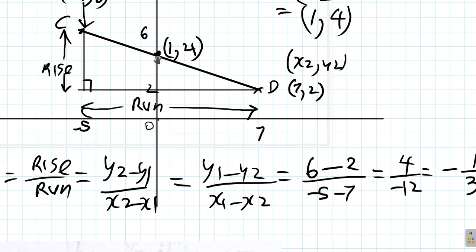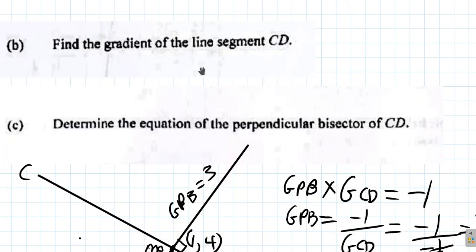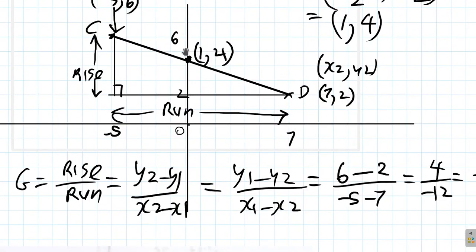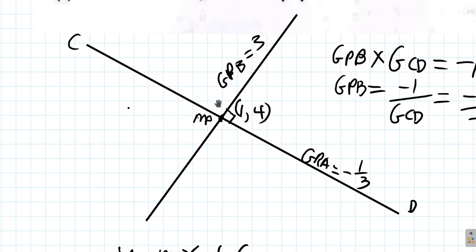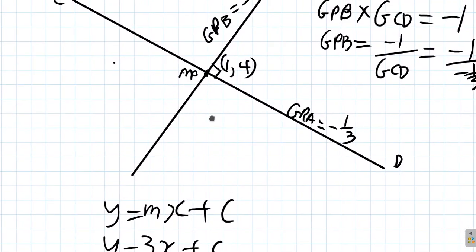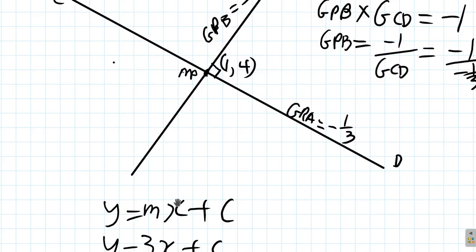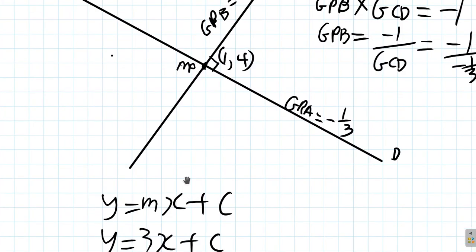Well, it so happens that the perpendicular bisector passes through, where they intersect would be 1, 4. They intersect at 1, 4. We could use that to find c, right?